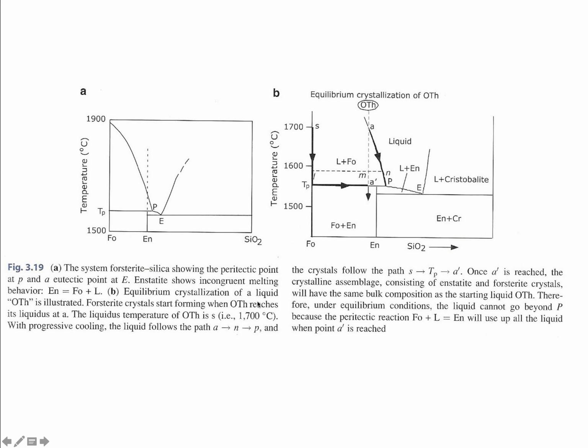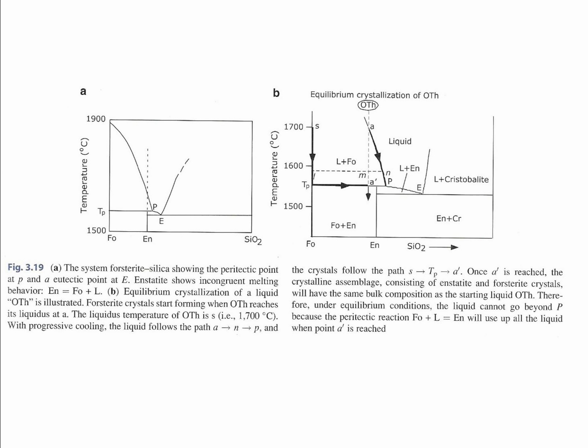Here we have the forsterite, which is an olivine, a mineral that occurs in silica undersaturated rocks. It is Mg2SiO4. Then we are adding SiO2 to the olivine.